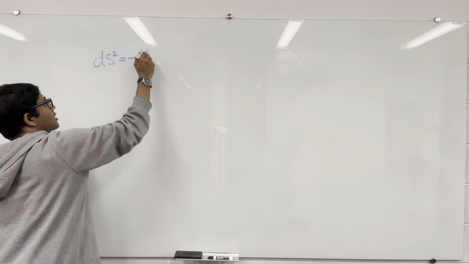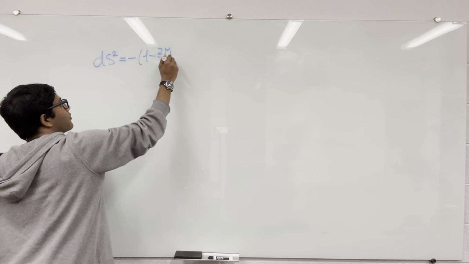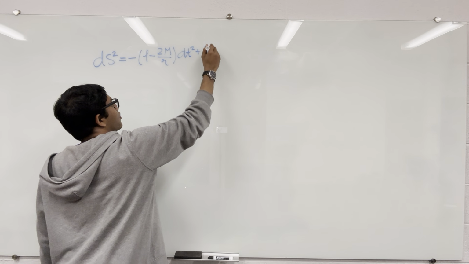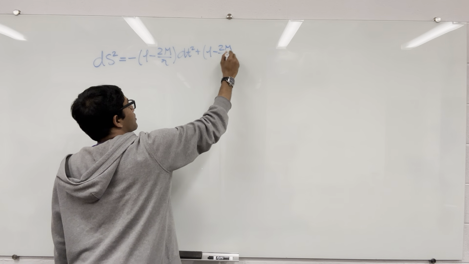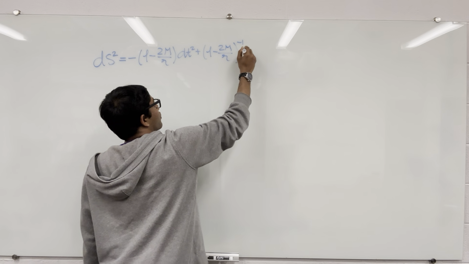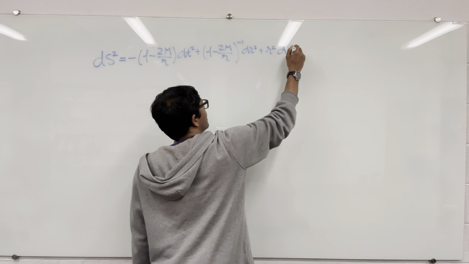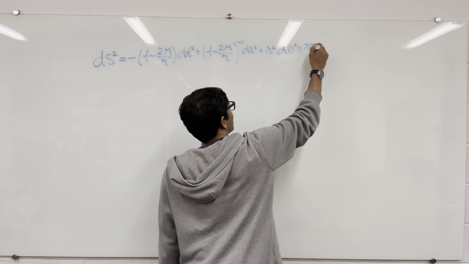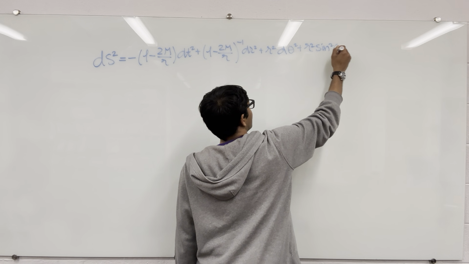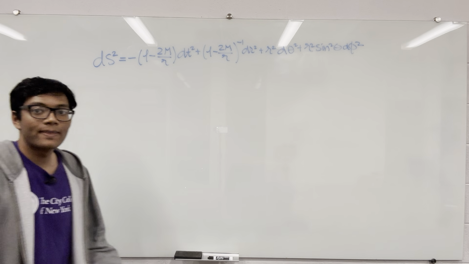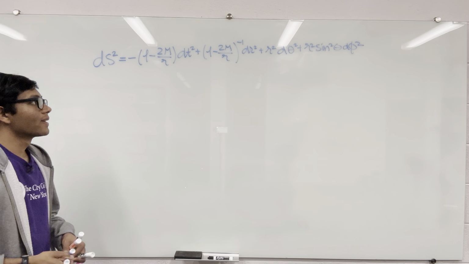So: ds squared equals minus (1 minus 2m over r) dt squared plus (1 minus 2m over r) to the negative 1 dr squared plus r squared d theta squared plus r squared sine squared theta d phi squared. Okay, this is the equation for a black hole.